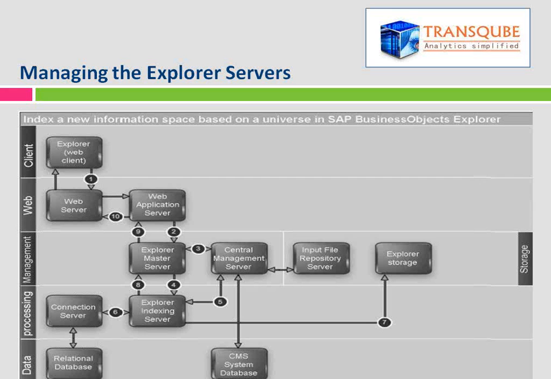Procured data will then be sent back to the Explorer storage. And once it is stored in the Explorer storage, you will start creating an index on it. The created index will be preserved with the Explorer index server, which is then used as a reference. The master server gets notified about this information and will send it back to the end user client. Clear?